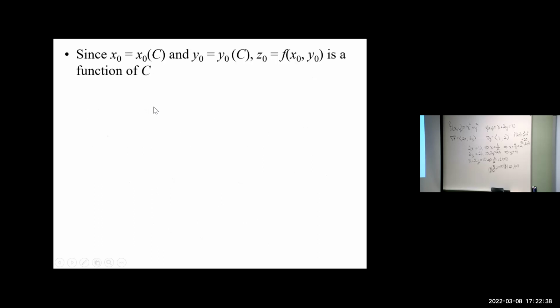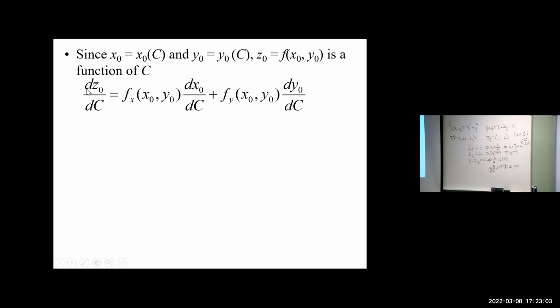This is actually kind of cool. So now z0 is actually a function of c. It's a function of the constraint. That's what makes this a chain rule problem, because it's a composite function. C goes into x0 and y0. Those go into f. So the input into the point gets input into f.